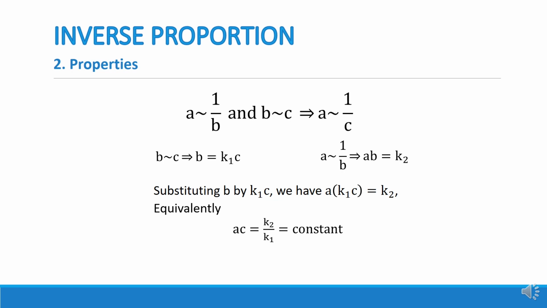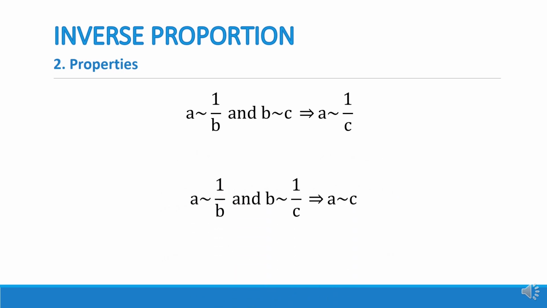Therefore, A and C are inversely proportional. Similarly, if A and B are inversely proportional and B and C are inversely proportional, A is directly proportional to C.